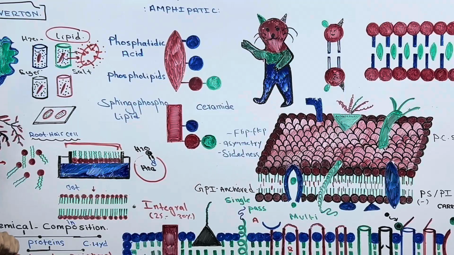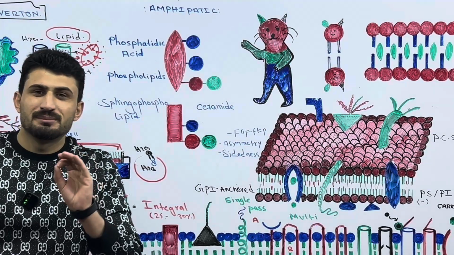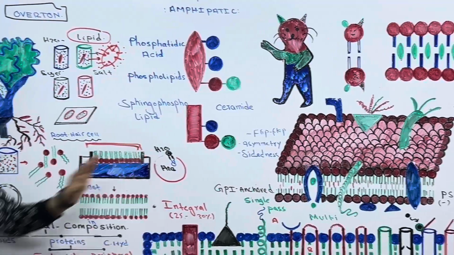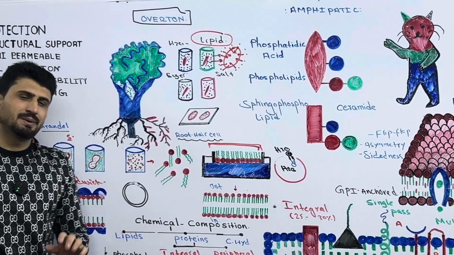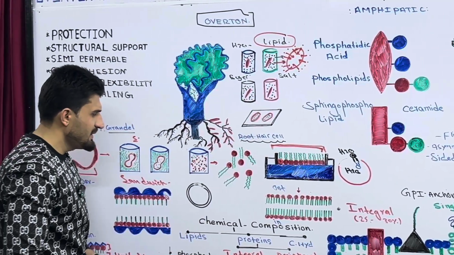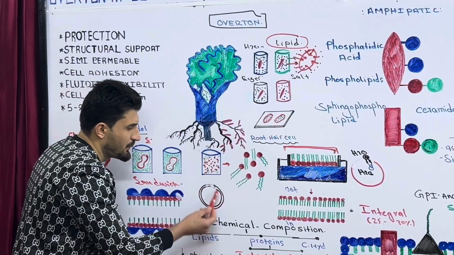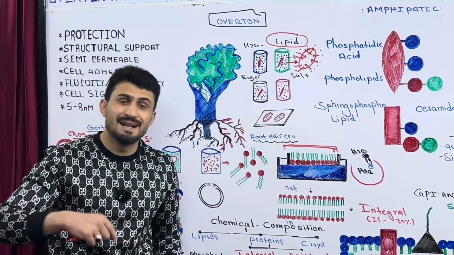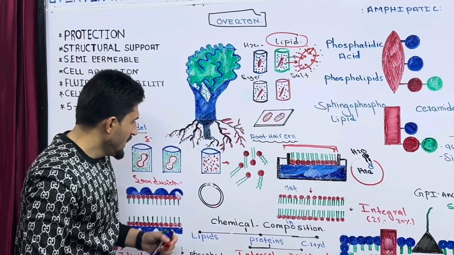Now, let me talk about the chemical composition of a cell membrane. First of all, do you know what a cell membrane is? A cell membrane is a narrow border around the cell. We have two terms: plasma membrane and cell membrane.